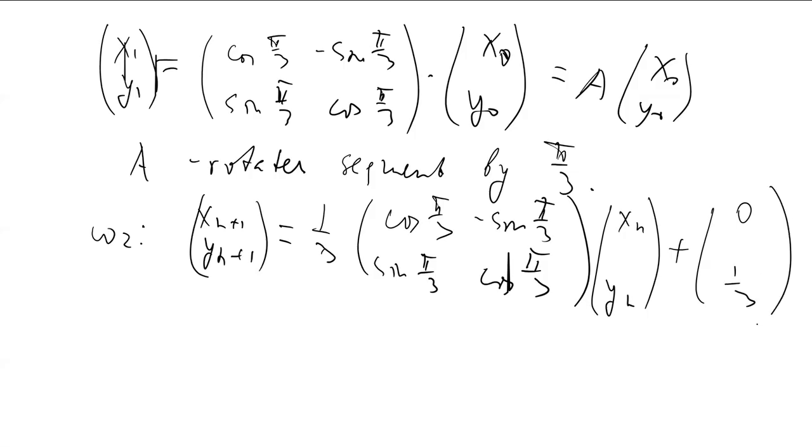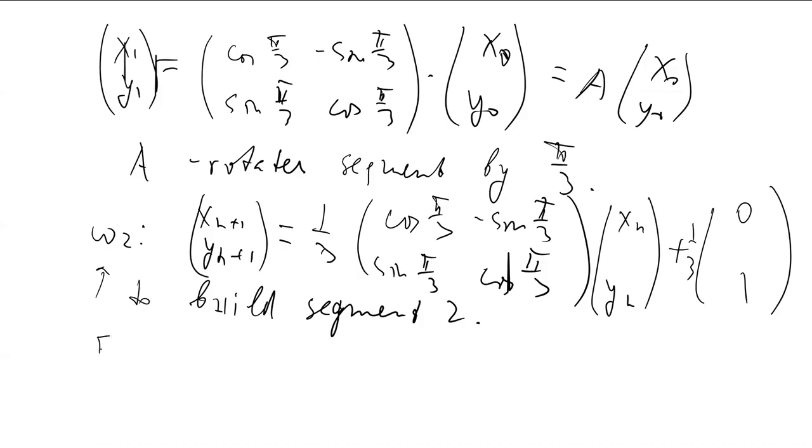We found it before. This can be represented a bit differently. We can put it like this: 1 and here 1/3. So this is the map to build segment 2, and you can similarly find it yourself.